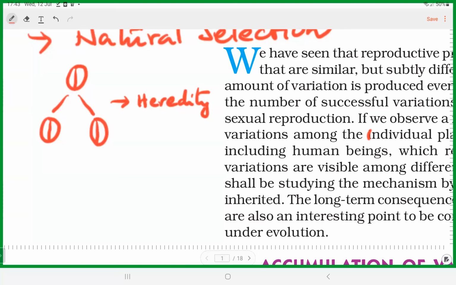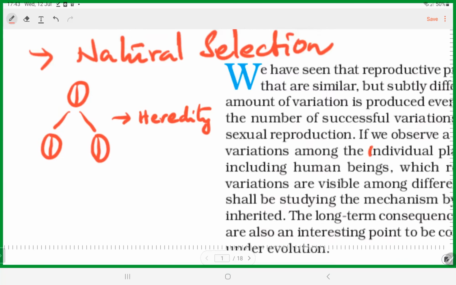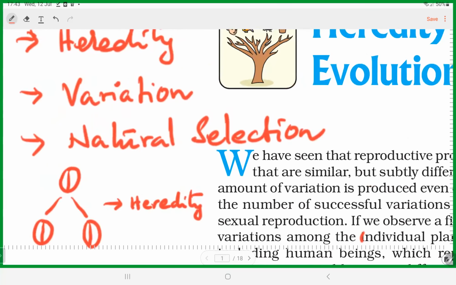You know one thing? In evolution, when the modern human beings first evolved, how many years back was it? Just imagine. I told you evolution is the story of the origin of Earth. The Earth evolved at least 4.5 billion years ago.